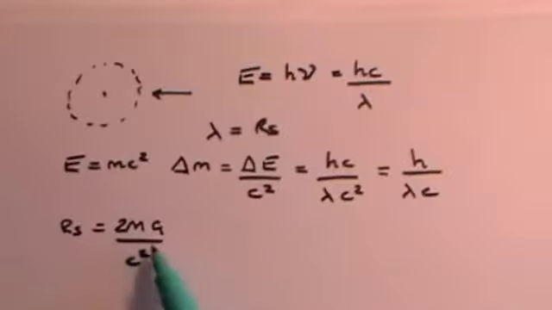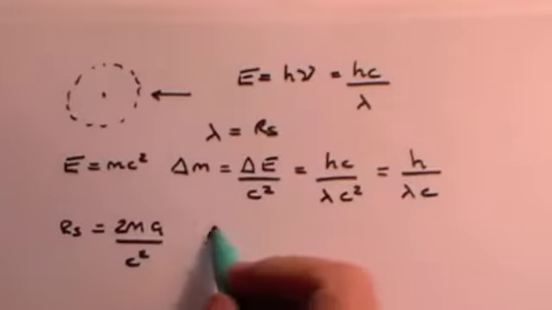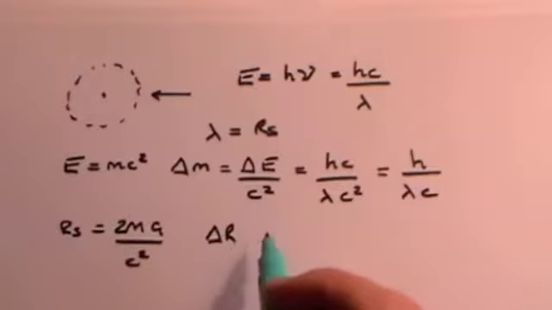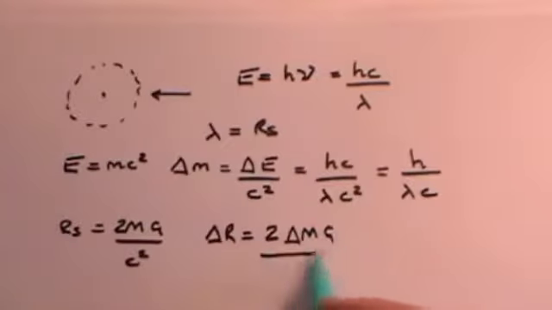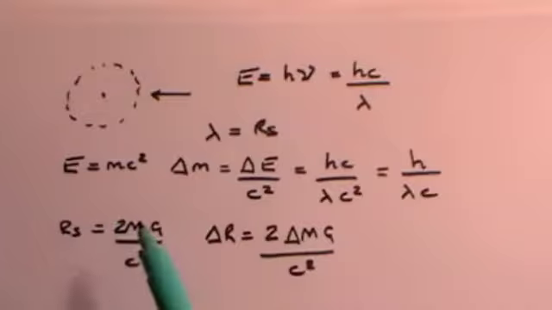And if we take this formula here and ask, how does the radius vary according to increasing mass, then you would simply say that delta r, an increase in radius, will equal 2 delta mg over c squared. Because that just falls out of that. A small increase in mass leads to a small increase in the Schwarzschild radius.